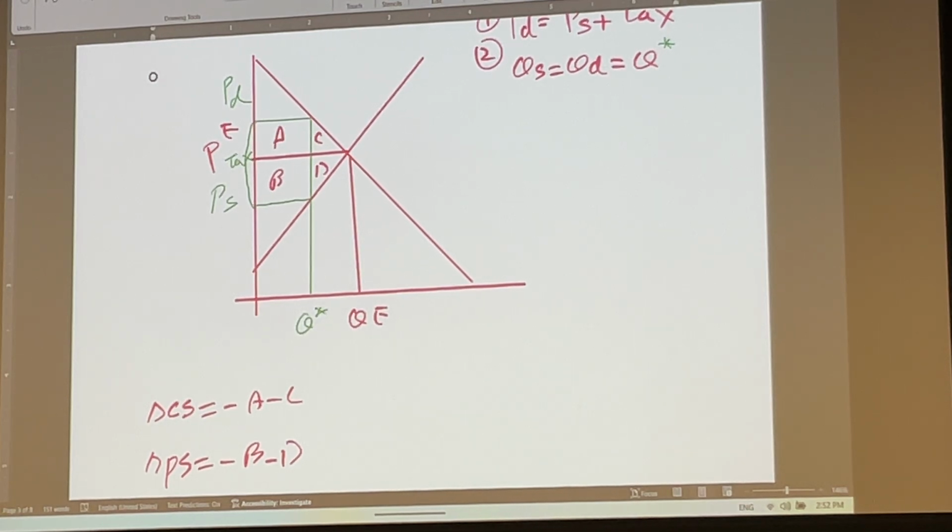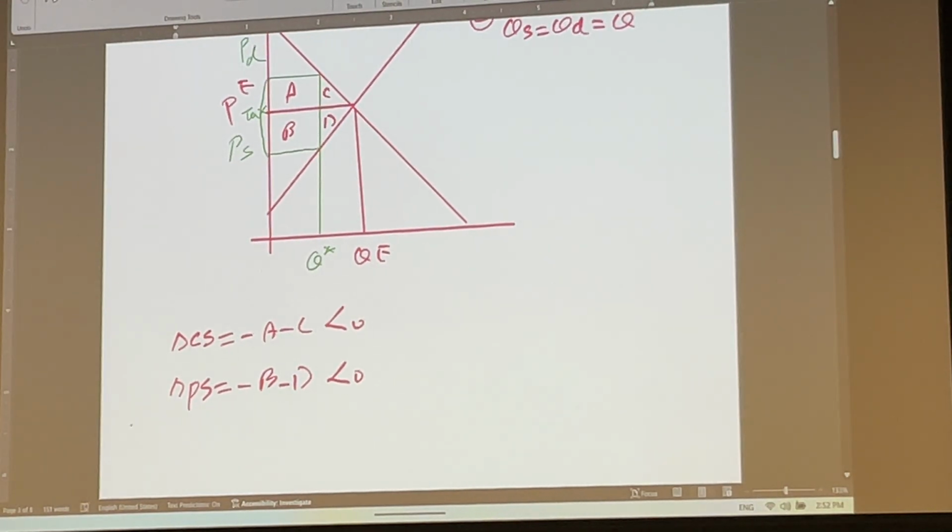So nobody likes taxes. The only one who likes taxes is the government. They get A in taxes from the consumer, and they get B in taxes from producers. Alright? Make sense?